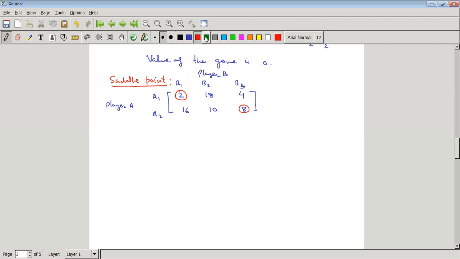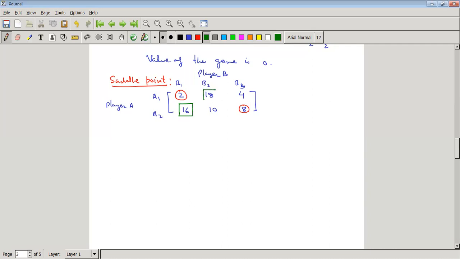Now column wise, we put a square around the maximum element. The element which is the maximum in the respective column, we put a square around this. So 2 and 16. So 16 is maximum. So we put a square. 18 and 10.